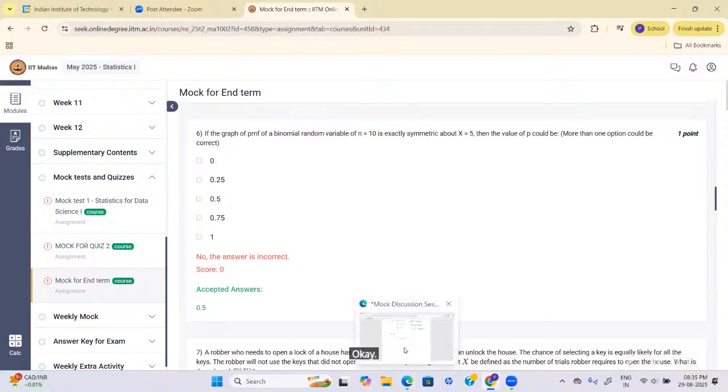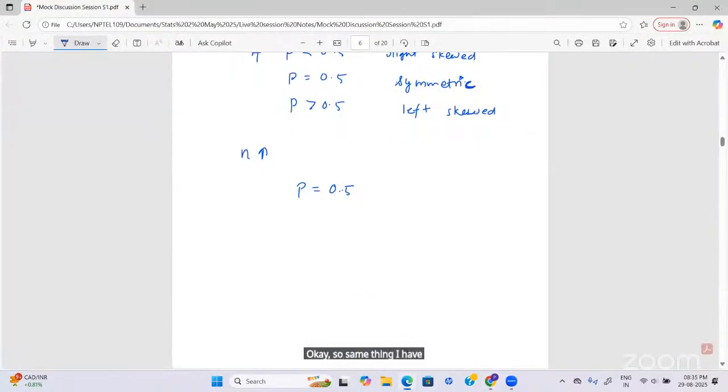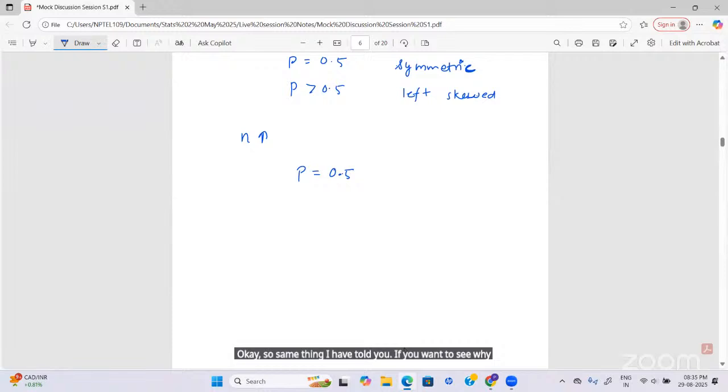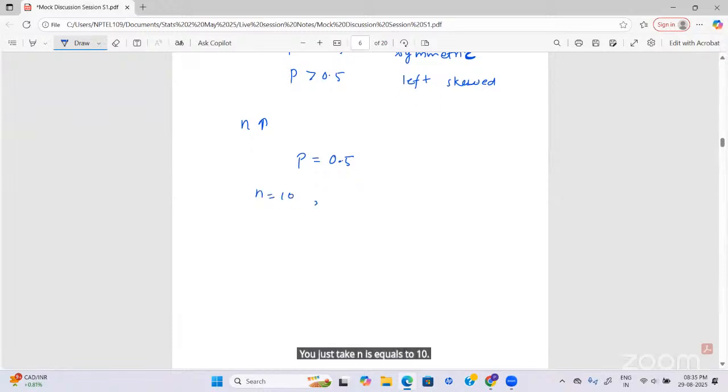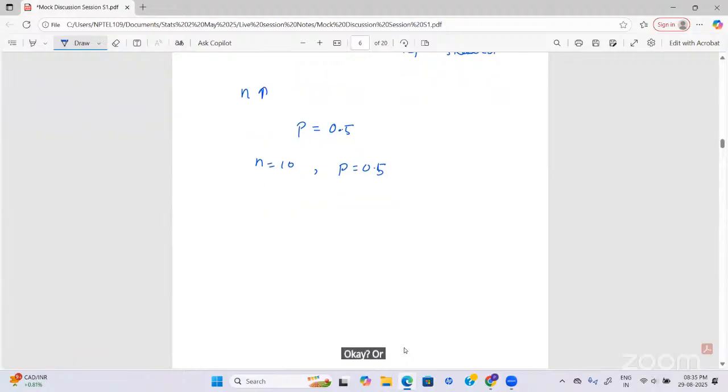Okay, so the same thing I have told you. If you want to see why it is true, you can take any value. You just take n equal to 10, p equal to 0.5. Or in this question, n is given as 10. So what you have to do here is find the probability mass function.